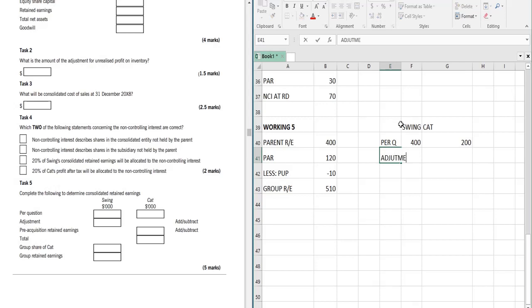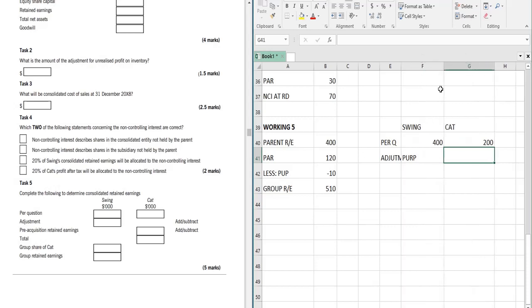The adjustment we need to make in working 5 is for the PUP, which we have already calculated. The PUP will be deducted from the parent's retained earnings because the parent sold goods to the subsidiary, and the amount of the PUP was 10. Then we have the pre-acquisition retained earnings.